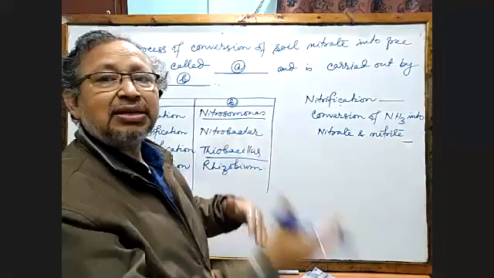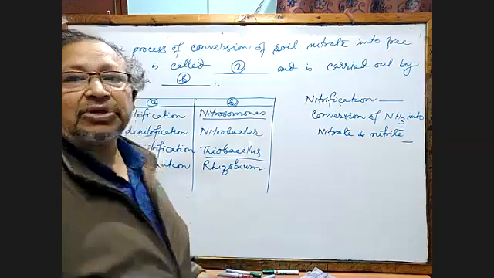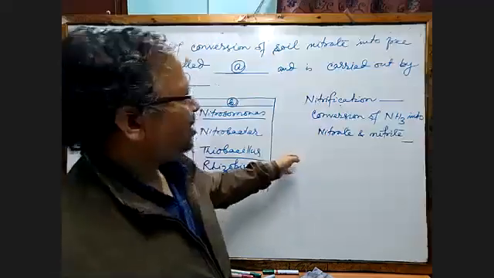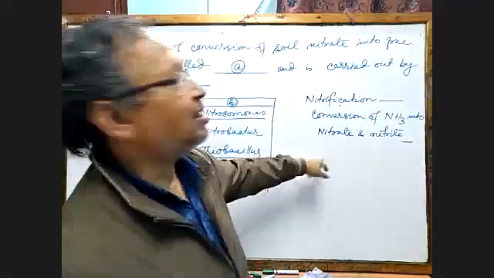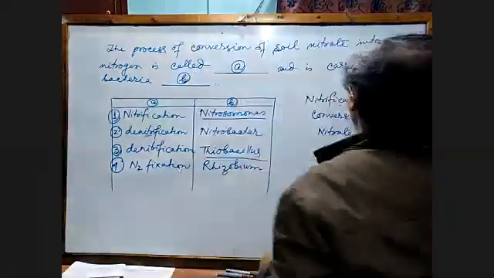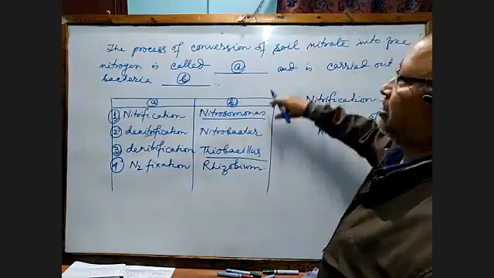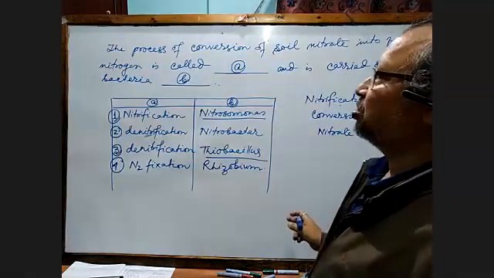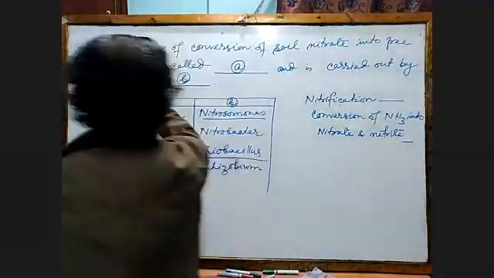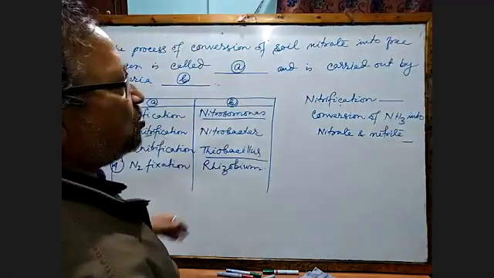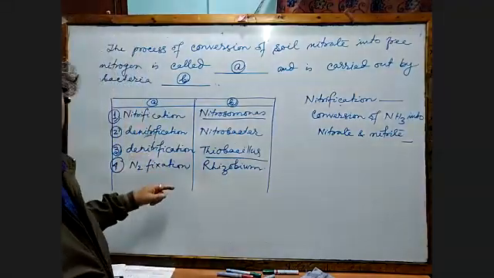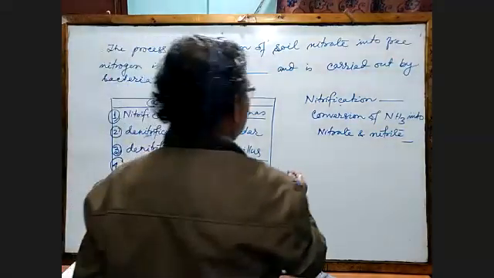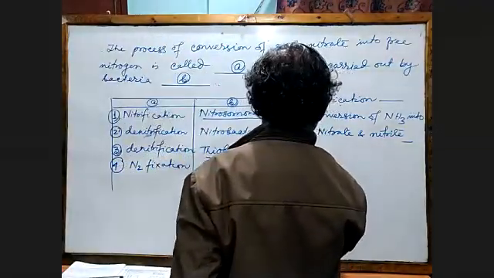Here the process is the reverse way. That is, not that ammonia is converted into nitrate. Here nitrate and nitrite are converted into nitrogen. So this process is denitrification.